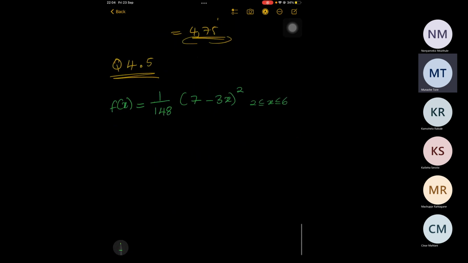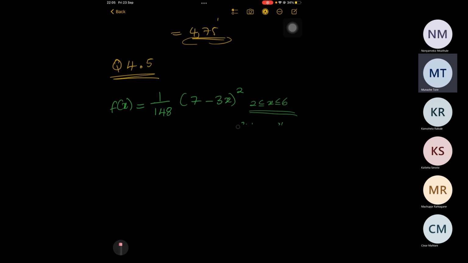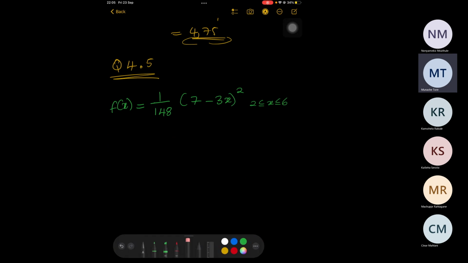But with continuous, it's not like the value is exact. It's in between 2 and 6. And it means that you can actually get a number which is 2.1. You can get a number which is 2.001, depending on the accuracy. So that's the difference between the two classes of variables.